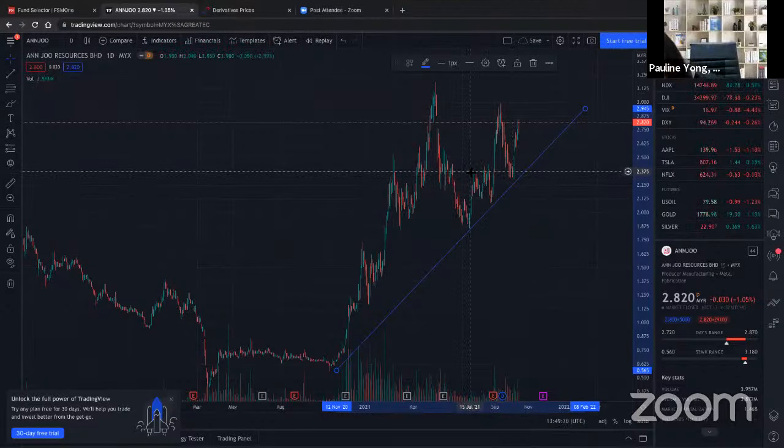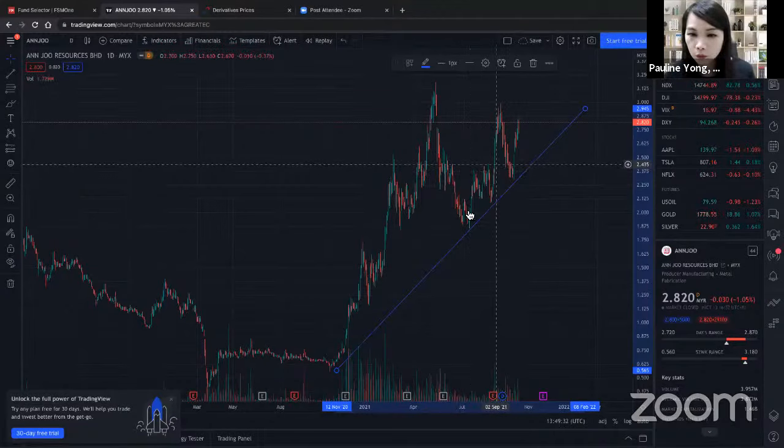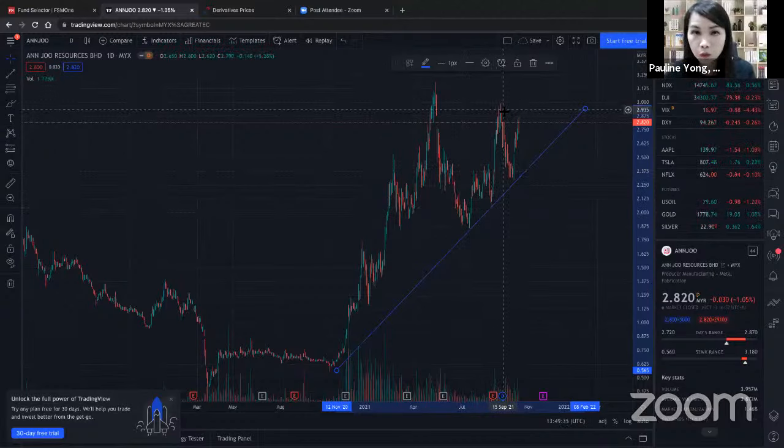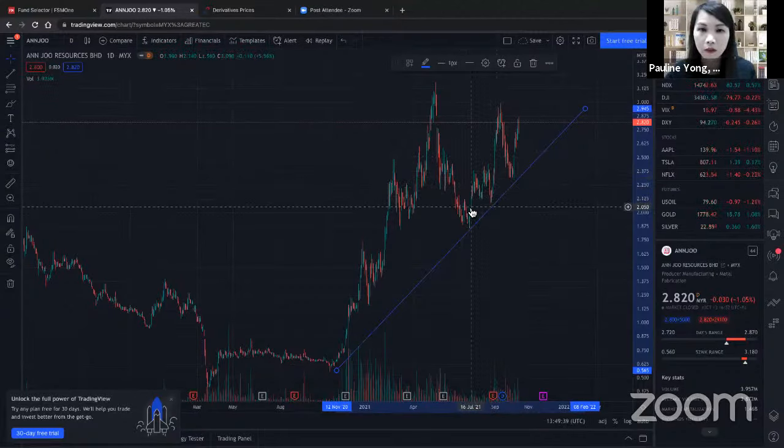But anyway, loosely you can count. That is why sometimes people say that you can count it loosely, because otherwise you are stuck. So if I were to count loosely, I can still count the 5 waves.